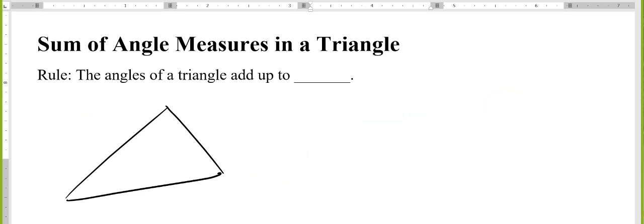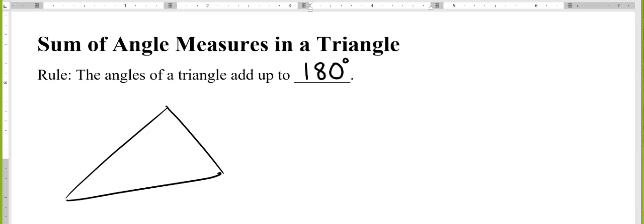Okay, one more thing that you learned in that section. The sum of angle measures in a triangle. The angles of a triangle add up to 180 degrees.